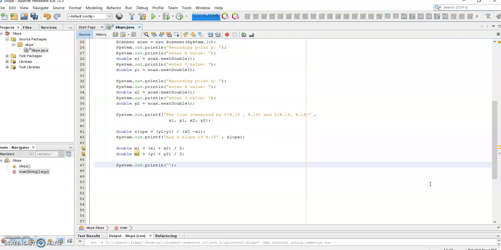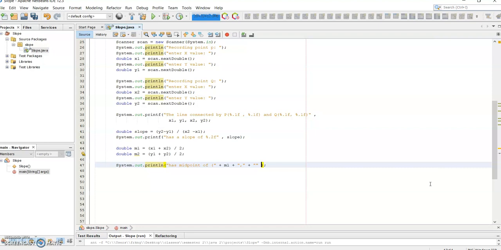Okay, so we can make it with printf, midpoint of m1 and m2, and let's put a comma here. So again, I just want to make the output display more beautiful.